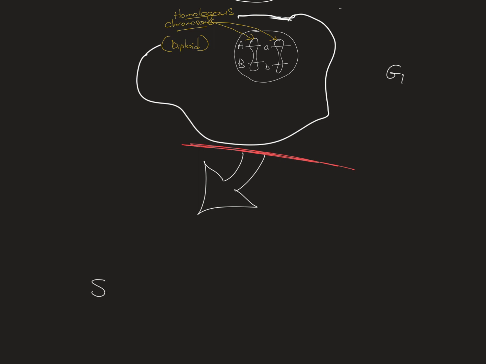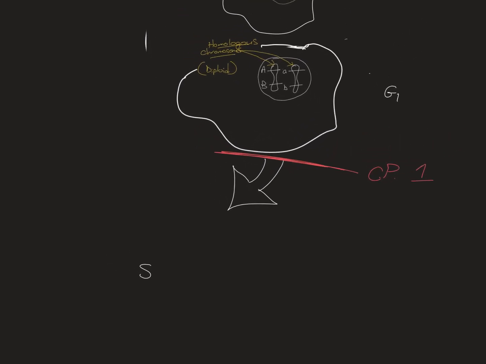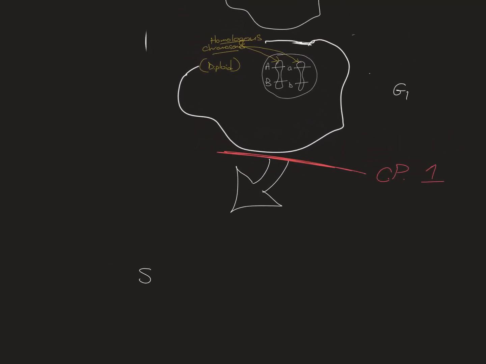Checkpoint is correct. Checkpoint 1 is here, where it's going to check for the size of the cell, make sure it's big enough, make sure everything's been doubled. It's not checking DNA at this point. Then in S phase, it's going to do DNA replication, correct? And then what does that mean?